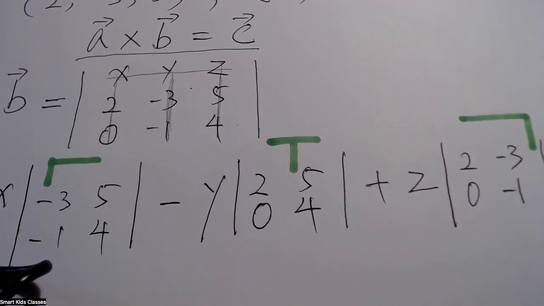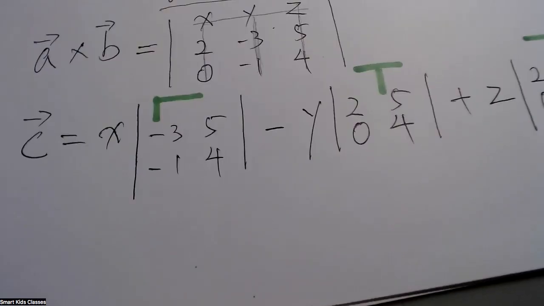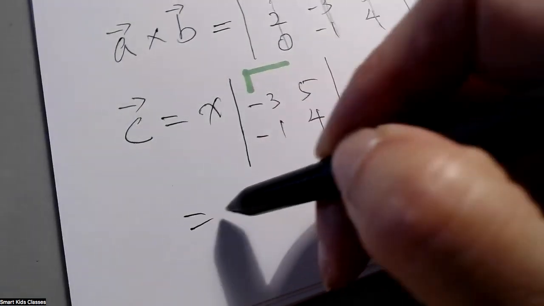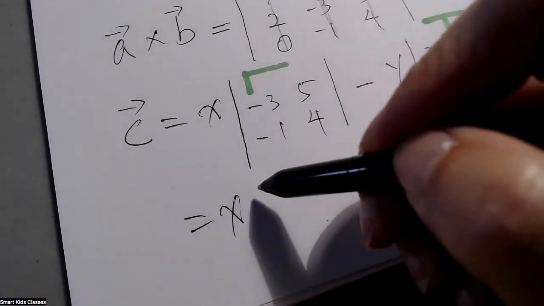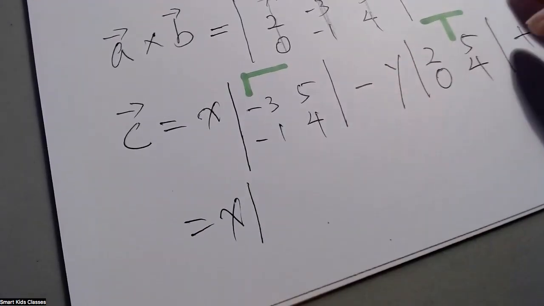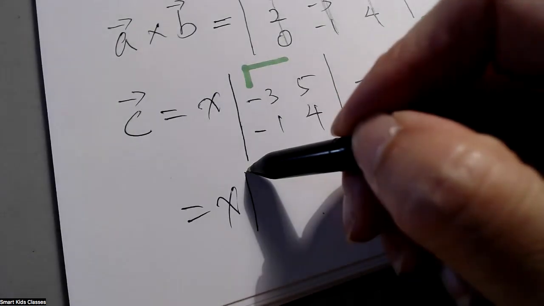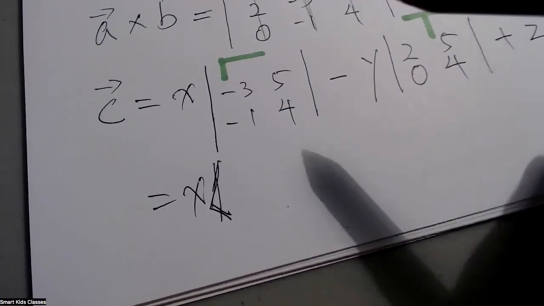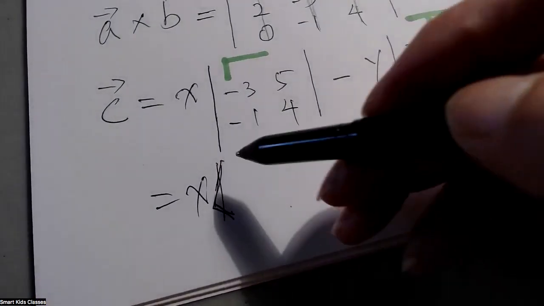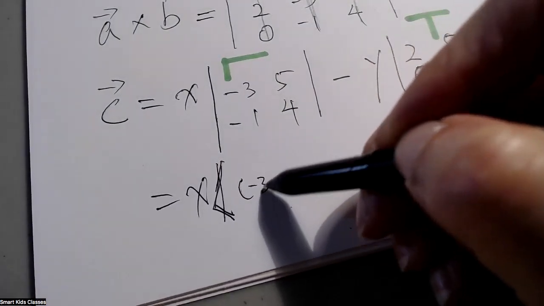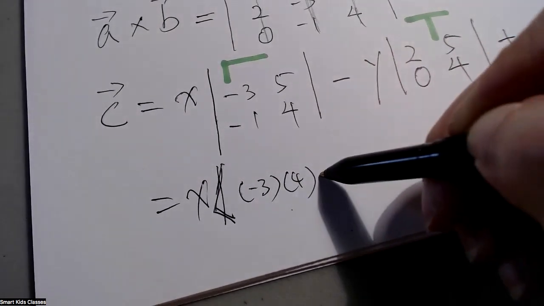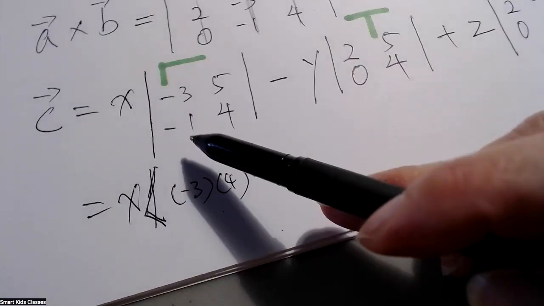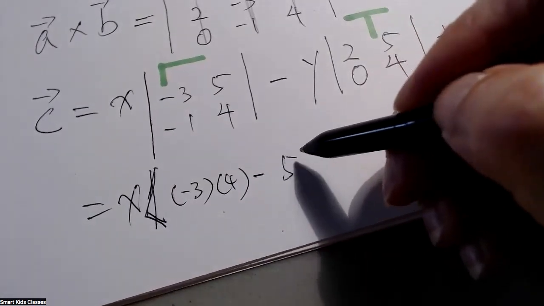Now, from here, we're going to do the cross for X, Y, and Z. Let's do X first. I'm going to use a large bracket. -3 times 4, minus the next pair, 5 times -1.